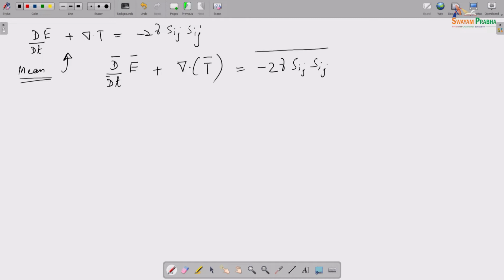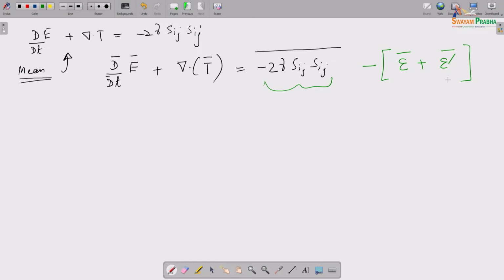I take a mean of this. Now the right hand side again, we wrote this as, well, I don't remember if I wrote it this way. If I didn't, then just take note of that.